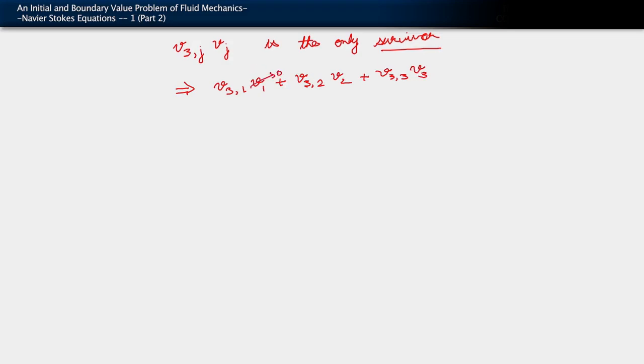V1 is 0, V2 is 0 because of that assumption that we made leading us to a semi-inverse method. And we've already demonstrated that V3 comma 3 equals 0. So what we've shown is that the entire convective velocity term drops out.